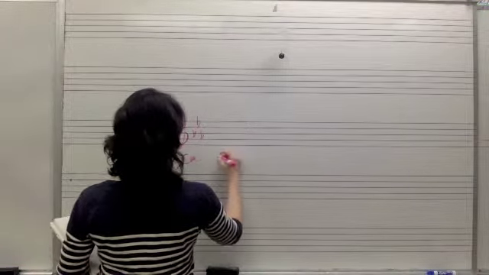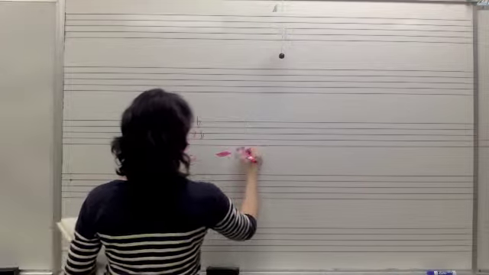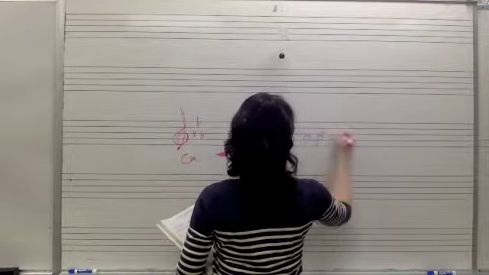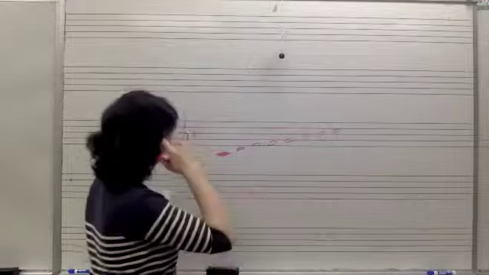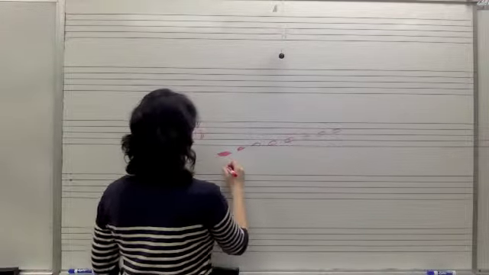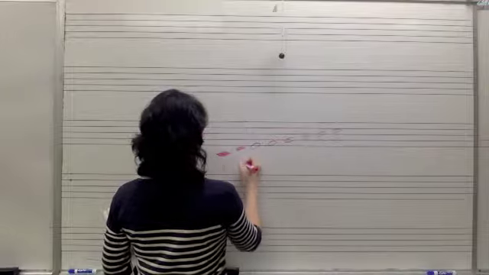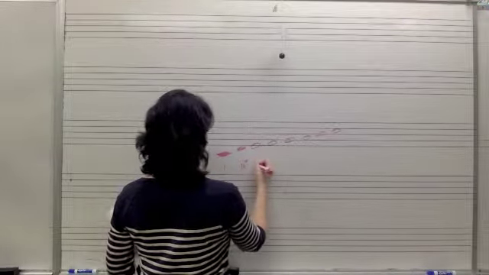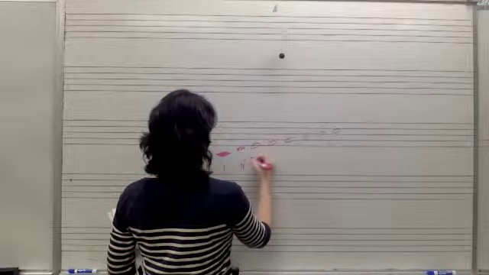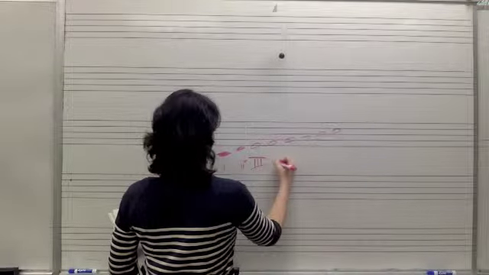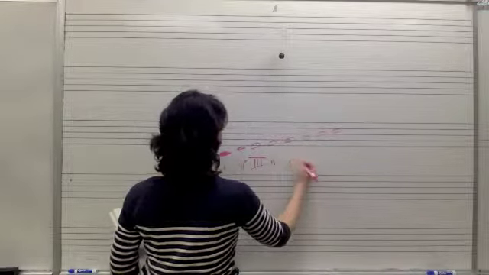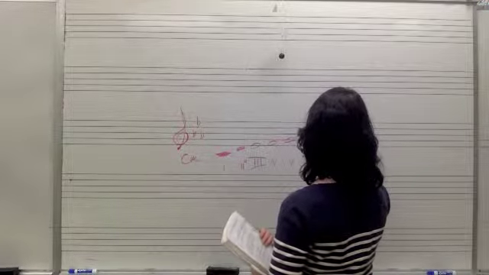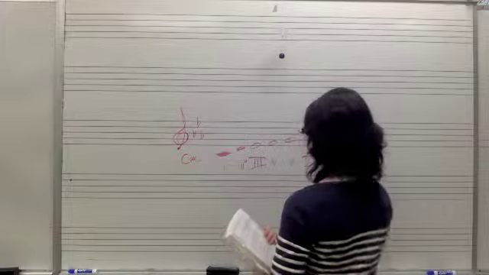We're going to stick with C, D, E, G, A, B, C. All right, so this is 1, 2 diminished, 3 is major, 4, 5, 6, 7 minor, and then 1.